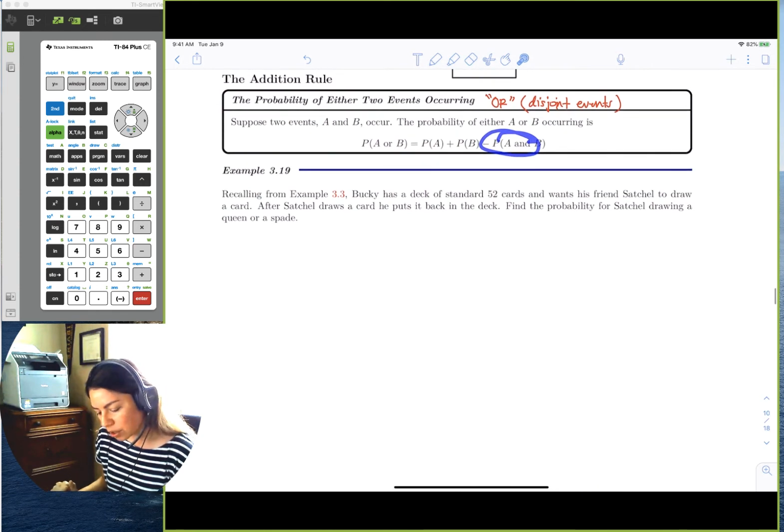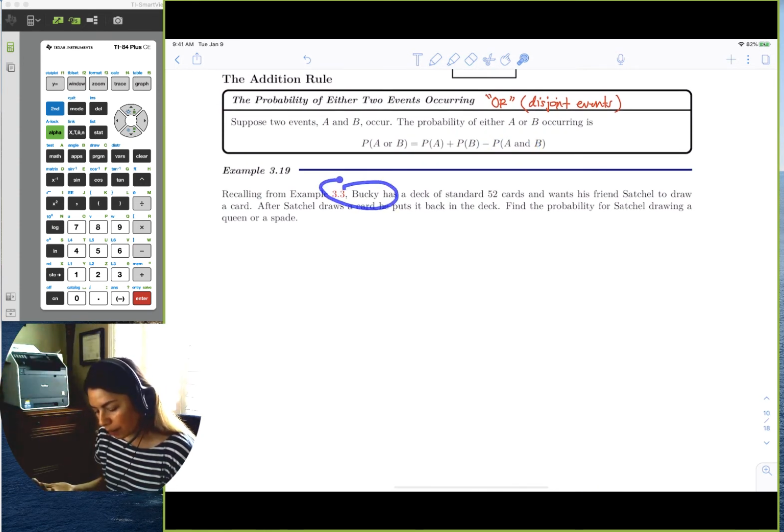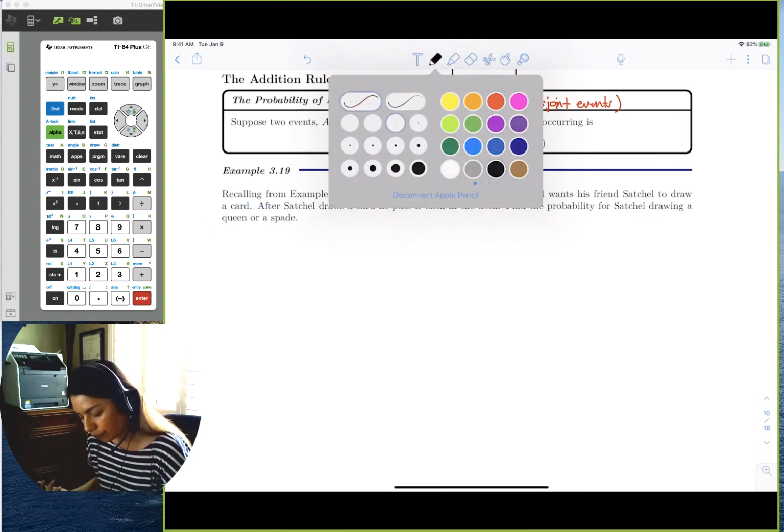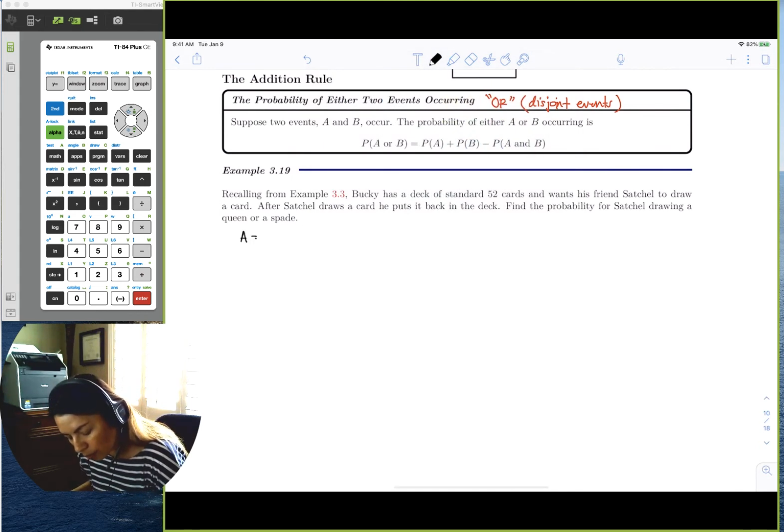Okay, so now let's go ahead and recall that example with Bucky and Satchel, right? Satchel draws a card, he puts it back in the deck. Find the probability for Satchel drawing a queen or a spade. So the event A is drawing a queen, and event B is to draw a spade.